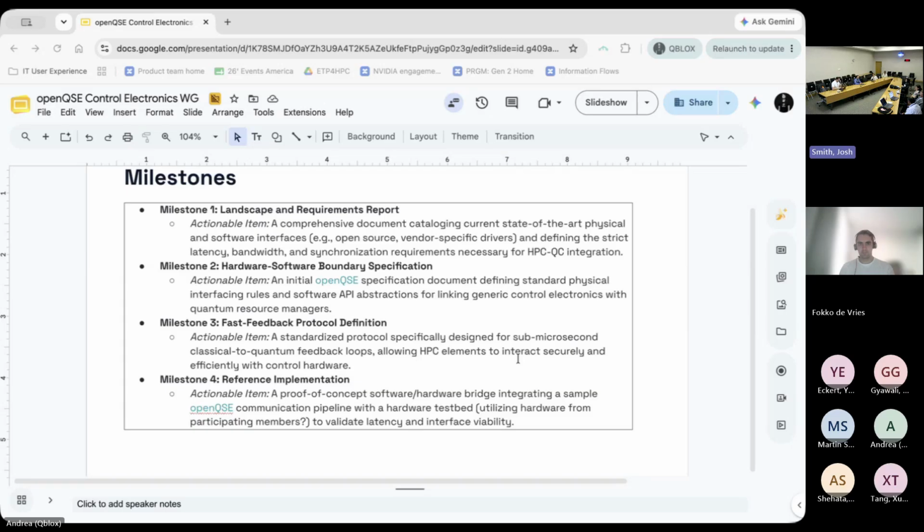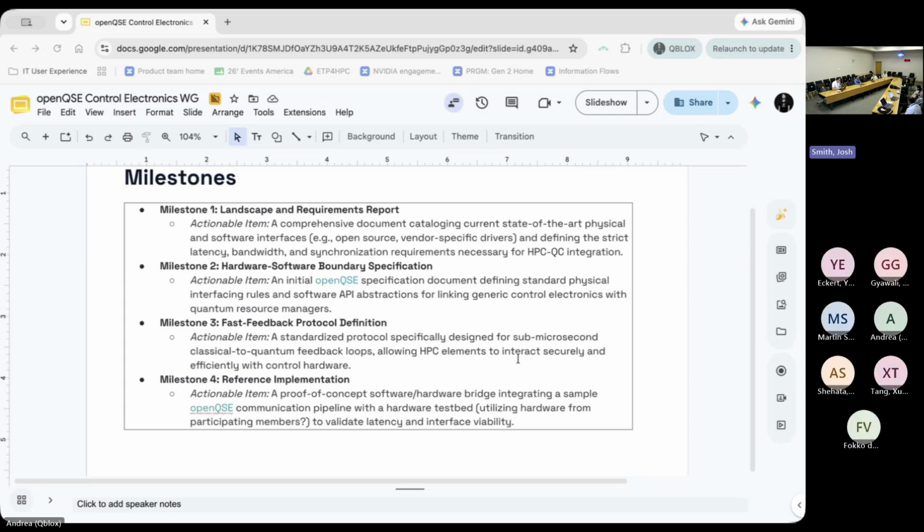Is that the compiler or is that another working group? I'd say we should define the interface to the compiler. Is that all we should do, or are there other interfaces? Because I thought from Andrea's plot, there's a couple of external interfaces.